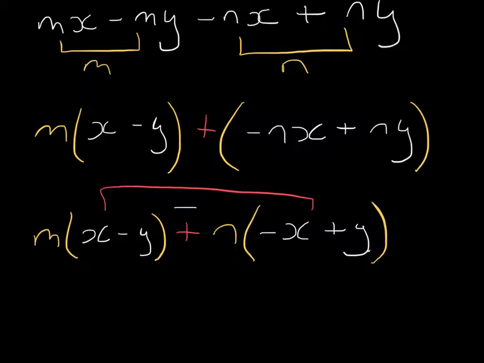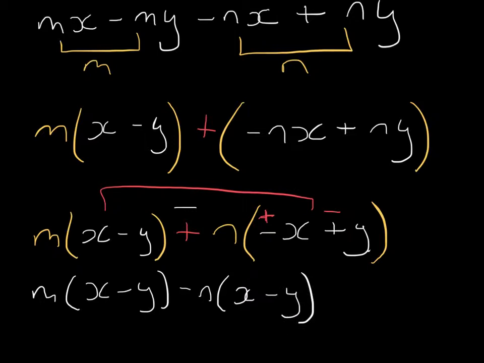This becomes positive, negative. So what I'm actually doing is dividing a negative out as a common factor, just like we did with the n and the m. So this becomes m into x minus y, minus n into x minus y. Now we have created our common bracket.